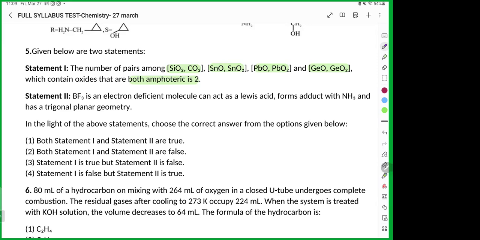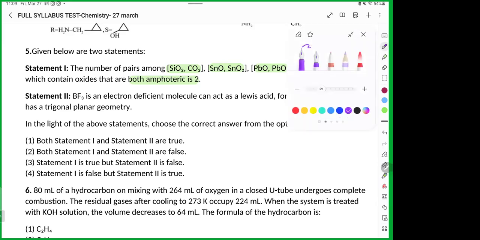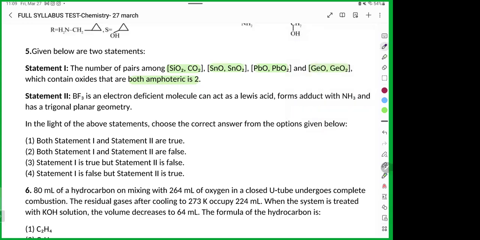More charge means acidic. Example: in case of silicon, SiO2, you have plus 4 charge, and high charge means acidic in nature.